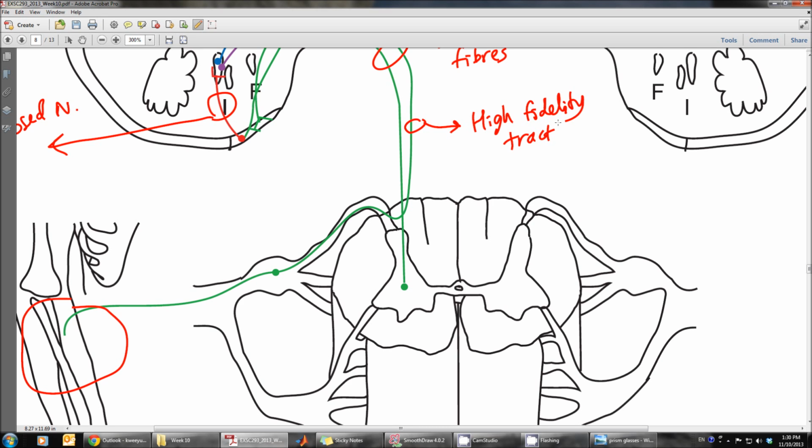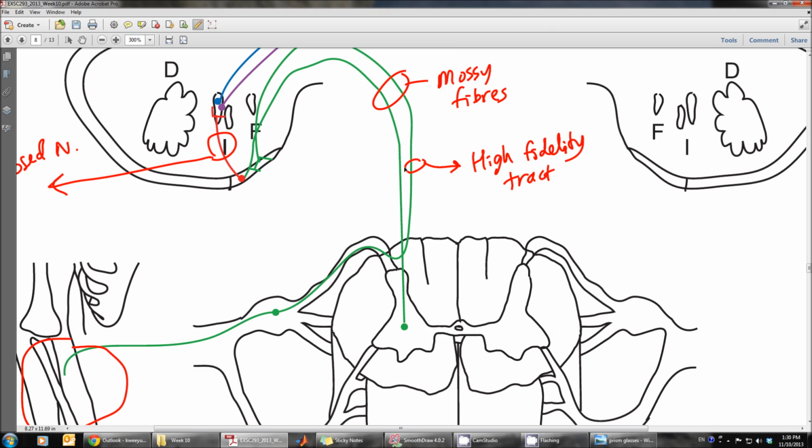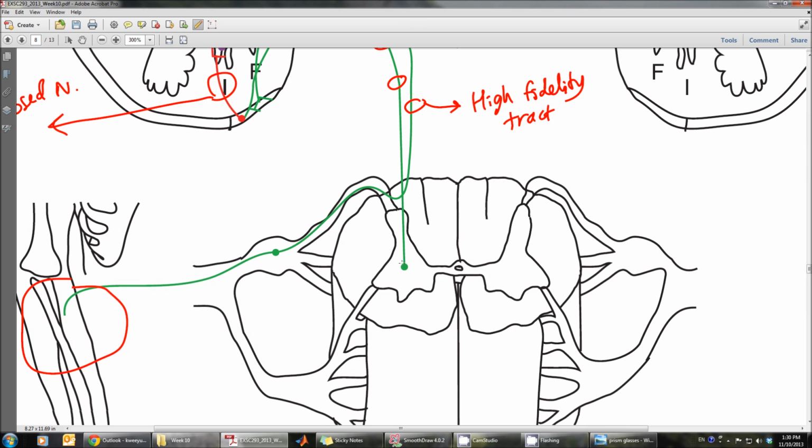That forms one of the mossy fibers, and the other one is relaying the motor signal, which is situated near the ventral horn. The ventral horn is where the upper motor neuron synapses with the lower motor neuron, and because of the location of this neuron's cell soma, it's literally eavesdropping on the communication between the upper motor neuron and the lower motor neuron.